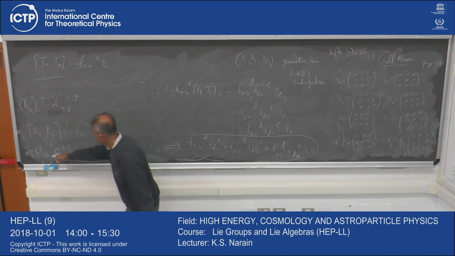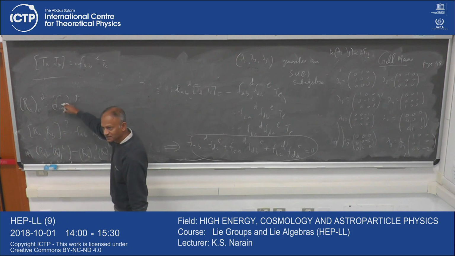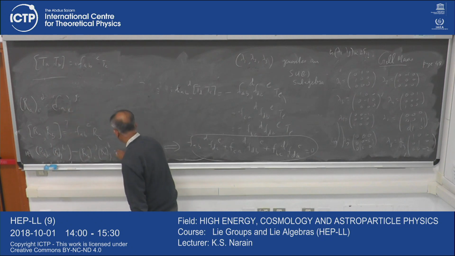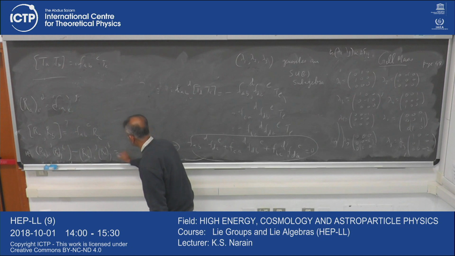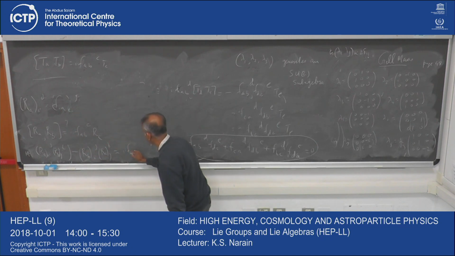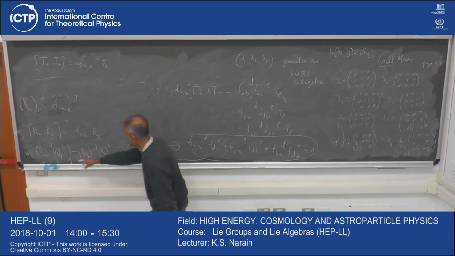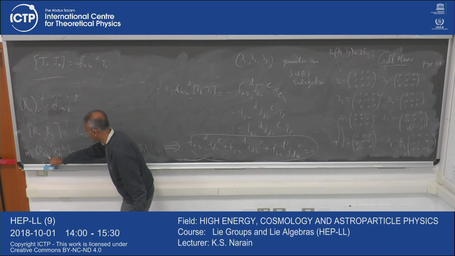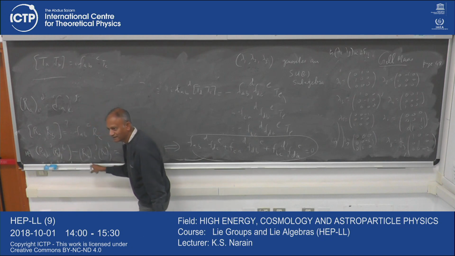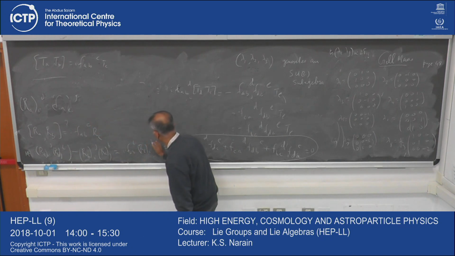Okay? And all of these expressions I can rewrite in terms of F's, right? So what we want to prove is that this is equal to, again, some number here, times FABC, RC. This is the ith row and kth column.